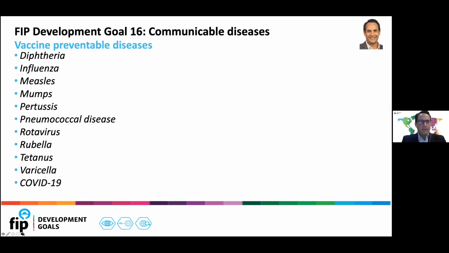This is just a snapshot of current vaccines that we have for communicable diseases, and it's by no means exhaustive. But I think we have to ask ourselves the question: whilst we have a considerable arsenal, are we doing the best we can to vaccinate those in the regions that we come from with what we existingly have?